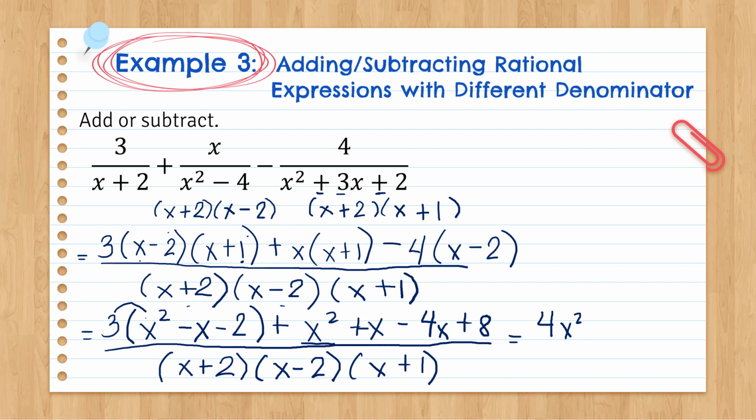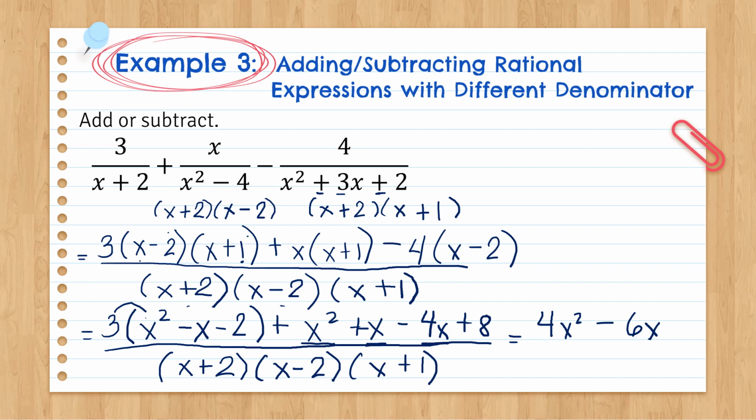For the next one, we have 3 times negative x, so that will give us negative 3x plus x. Yes, it's negative 2x minus 4x, it's negative 6x. Then we have 3 times negative 2 will give us negative 6.